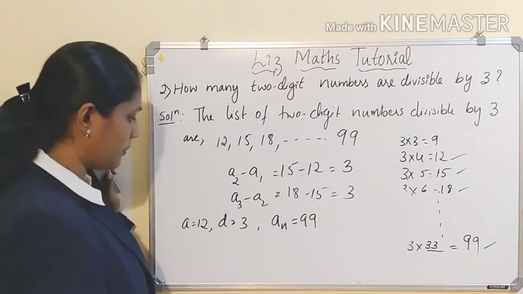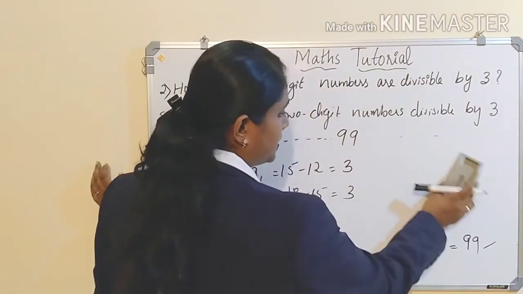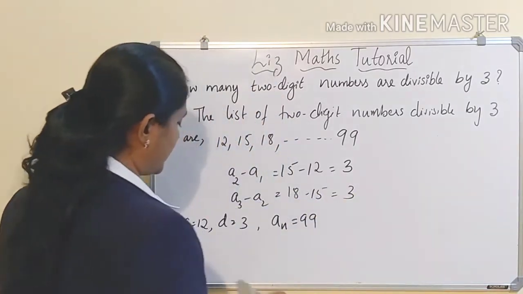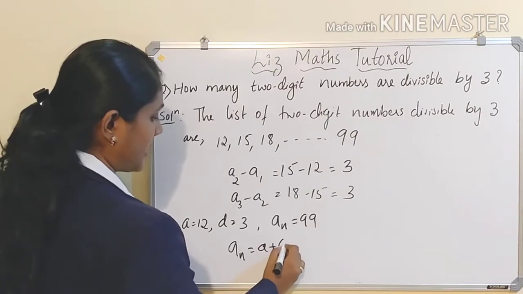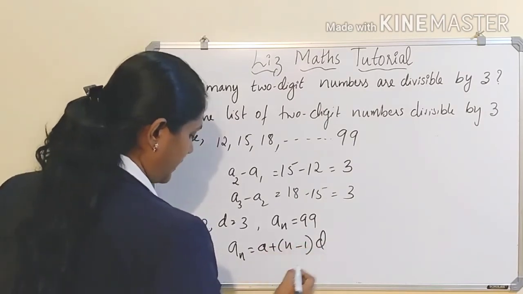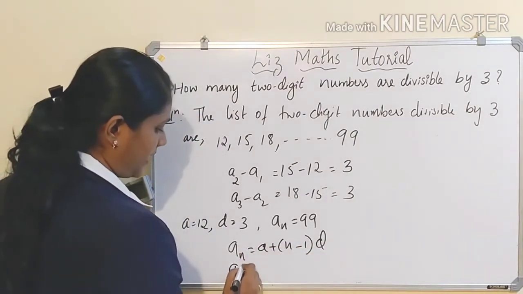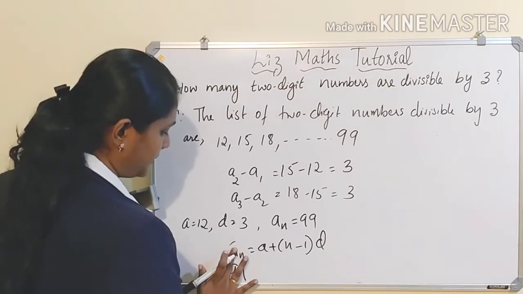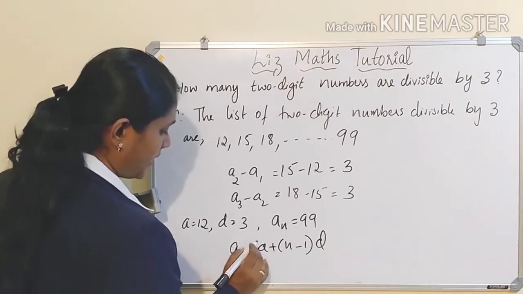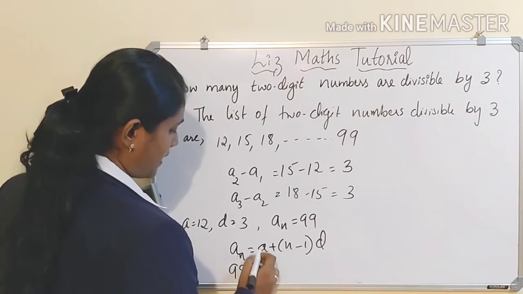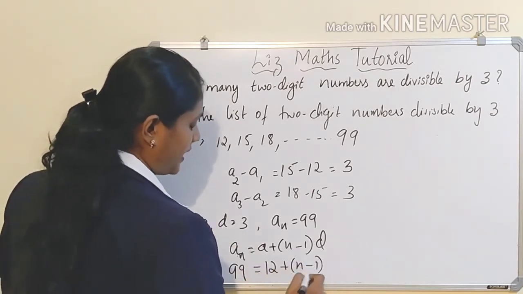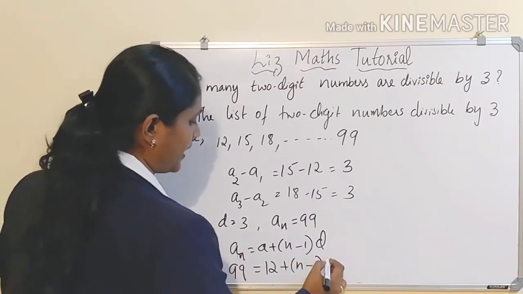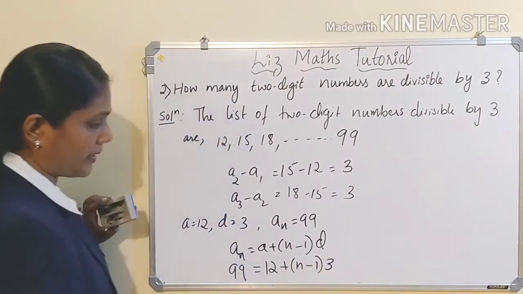So now use the formula and find out what n is. Which is the formula? An is equal to A plus n minus 1 into D. Now substitute An is equal to 99 here: 99 is equal to A, which is 12, plus n minus 1 as it is, and write the difference 3.